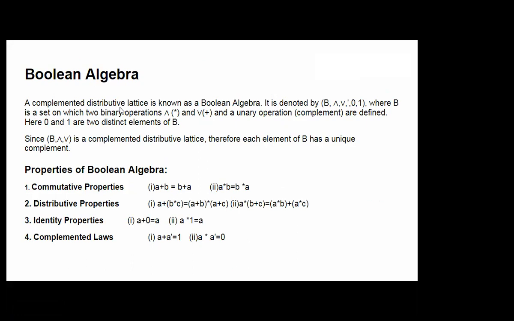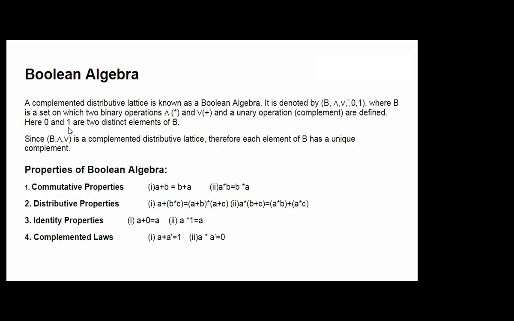A complemented distributive lattice is known as a Boolean algebra. Okay. Now, complemented distributive lattice. We already have seen the lattices. Then complemented means we are reverting the value. Complemented means again negation operation, we know. So that negation operation comes here in the picture for the Boolean algebra.